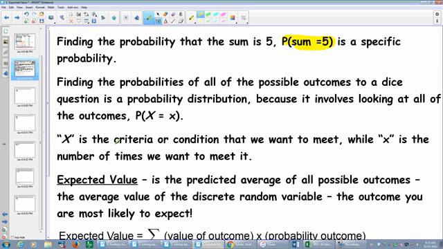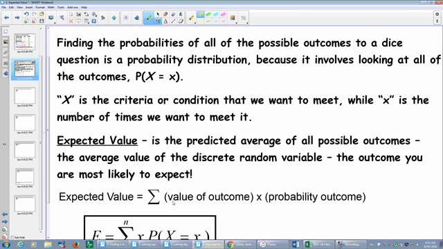Large X is the criteria or the condition that we want to meet, while little x is the number of times we want to meet it. So the expected value is the predicted average of all possible outcomes, the average of the discrete random variable, the outcome you are most likely to expect.